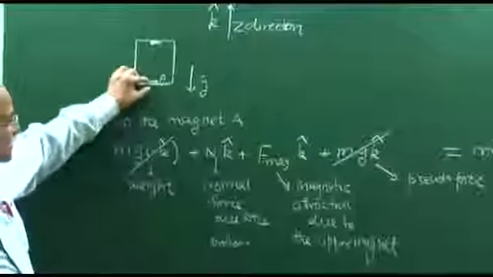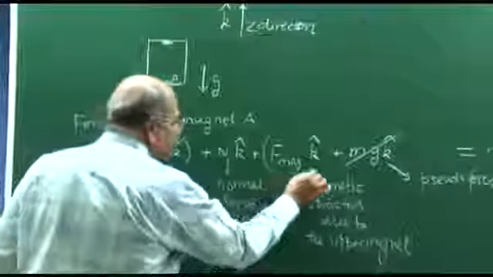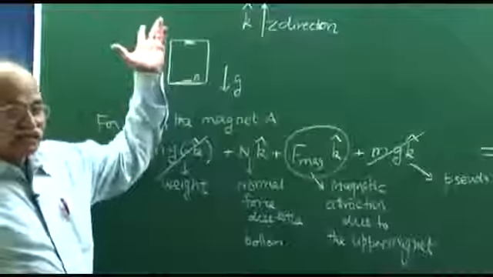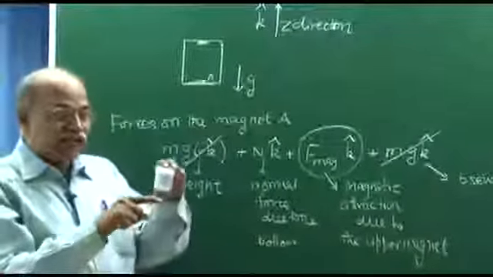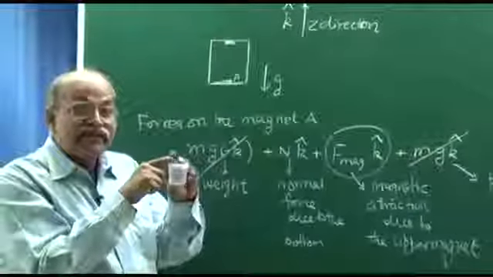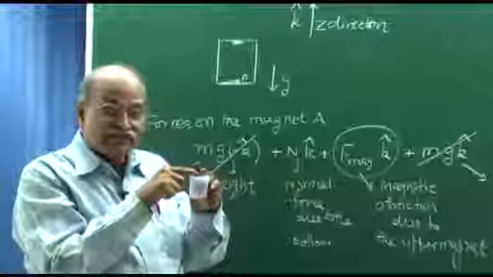So, it moves only under this magnetic attraction, and that is in upward direction. So, in the box frame it has to go up, and it goes up and strikes this upper magnet.